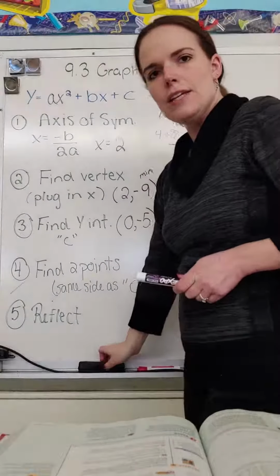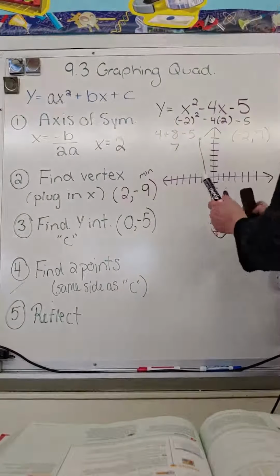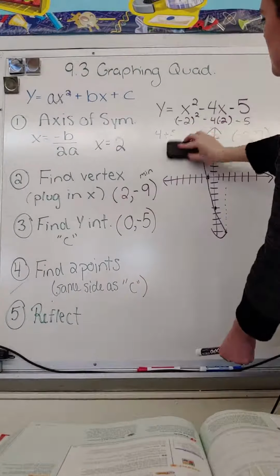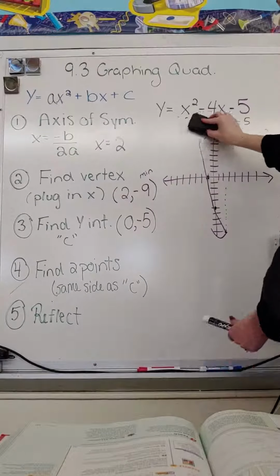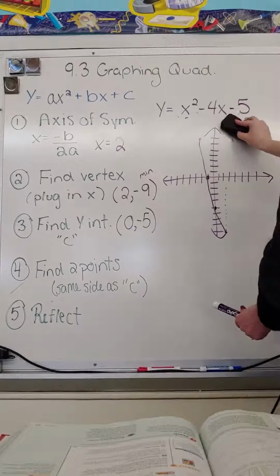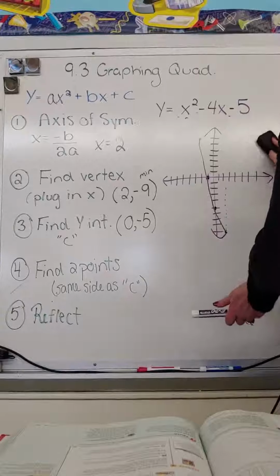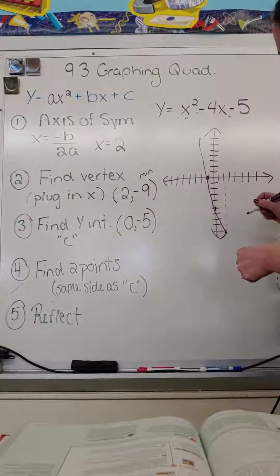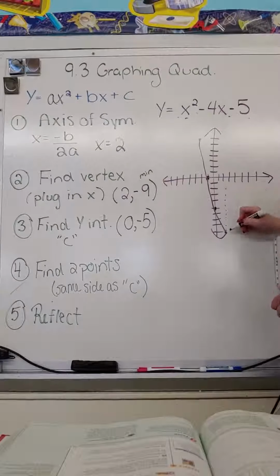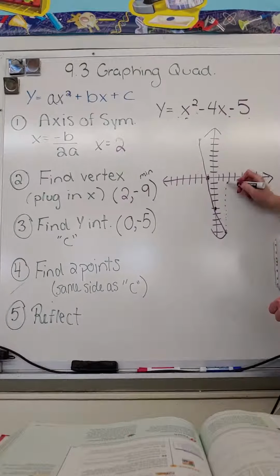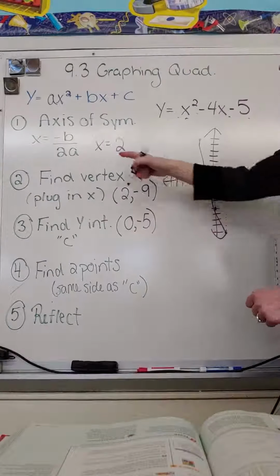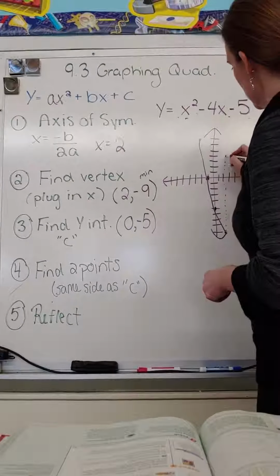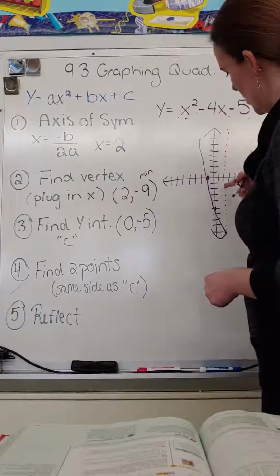The last thing you do is you mirror it across the axis of symmetry. Right here, if I'm looking at this axis of symmetry, which we established to be x equals 2, I've basically got this imaginary line going through 2.